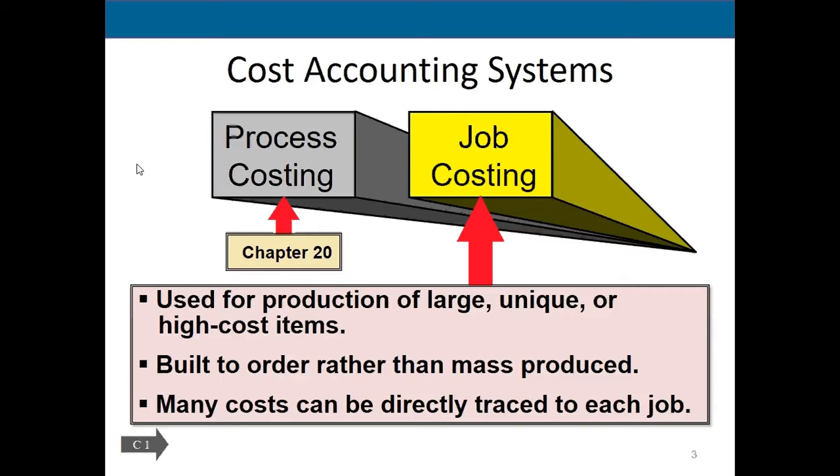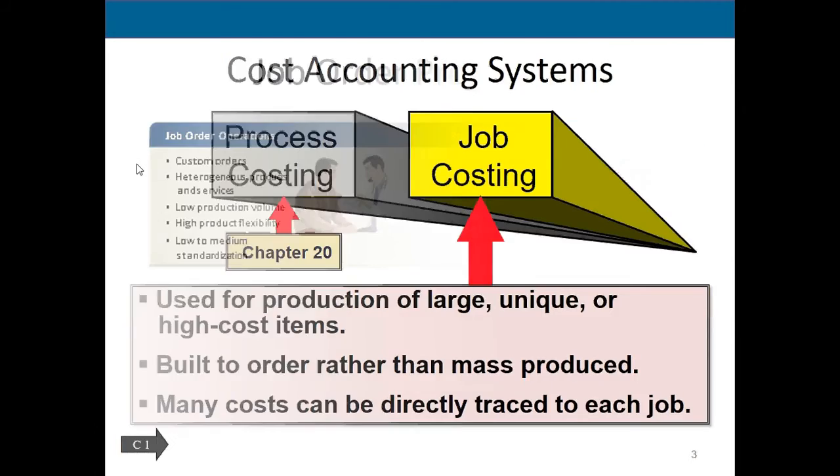The example for job costing that I always think about is building a house. It's easy for me to trace cost to a geographic location that is isolated. And when you build a house, obviously your costs can be isolated. Labor, material, everything can be isolated there. Whereas process costing is going to deal with the mass production of something like chocolate chip cookies or bottled water.